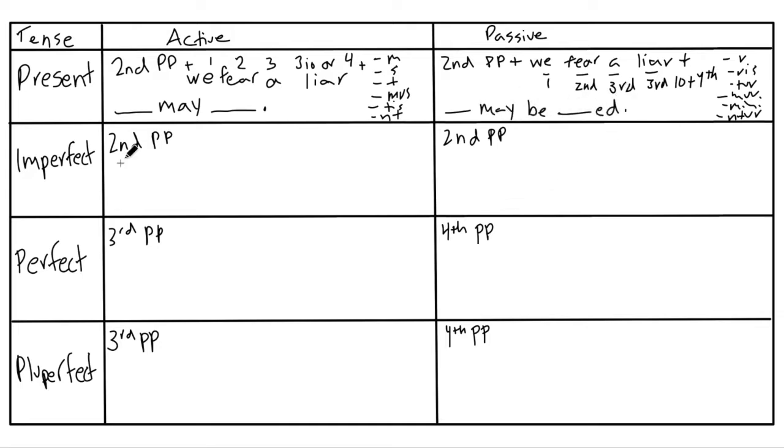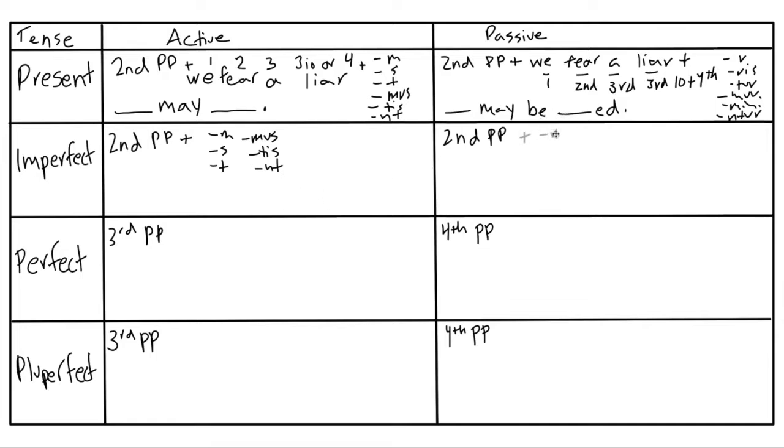The imperfect active and imperfect passive are probably the easiest because you don't have to change the second principal part at all. You just leave it the way it is, and then you add on your personal endings: m, s, t, mus, tis, nt. And you do the same thing for the passive.